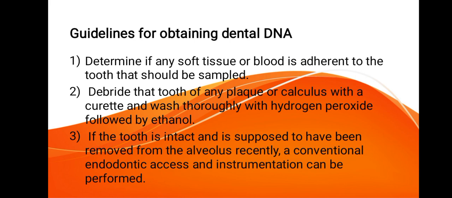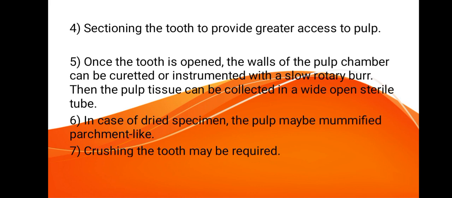If the tooth is intact and is supposed to have been removed from the alveolus recently, a conventional endodontic access and instrumentation can be performed. Then you have sectioning the tooth to provide a greater access to the pulp. Once the tooth is open, the walls of the pulp chamber can be curetted or instrumented with a slow rotary bur. Then the pulp tissue can be collected with a wide open sterile tube.